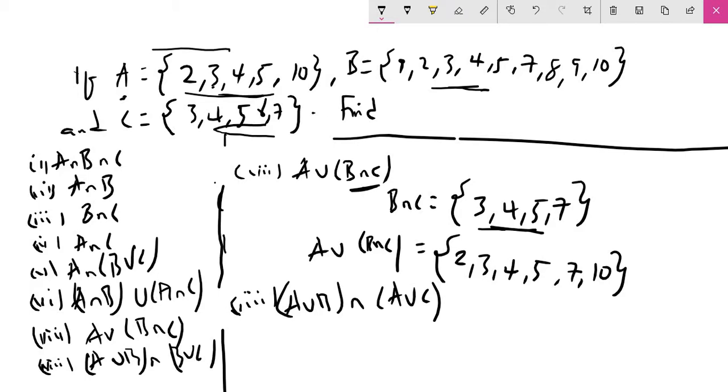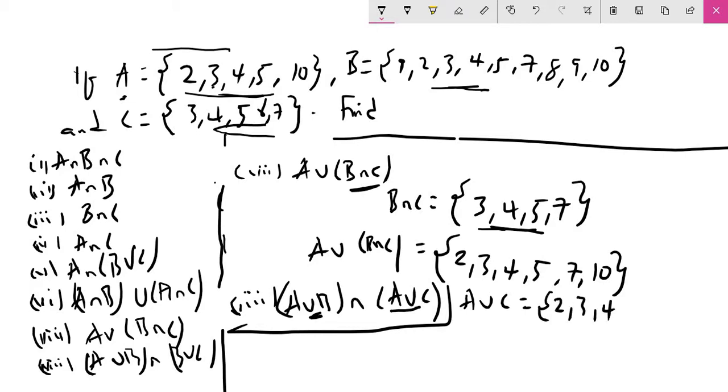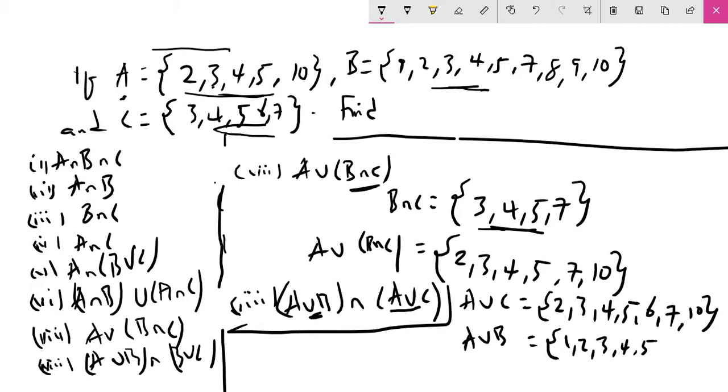So again, we find what's in the brackets first. So we have A union C. A union C is given by, combining A and C, we have 2, 3, 4, 5, 6, 7, and 10. And A union B is given by 1, 2, 3, 4, 5, 7, 8, 9, and 10.